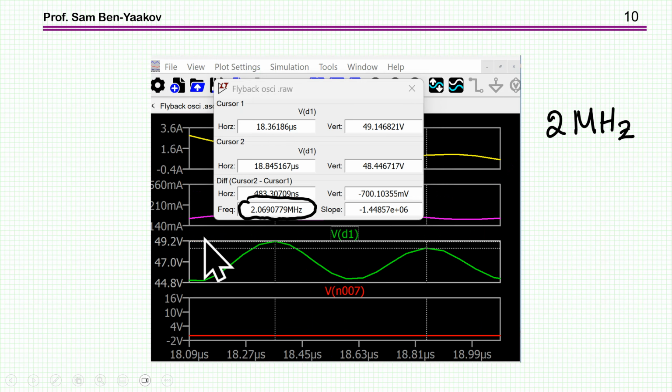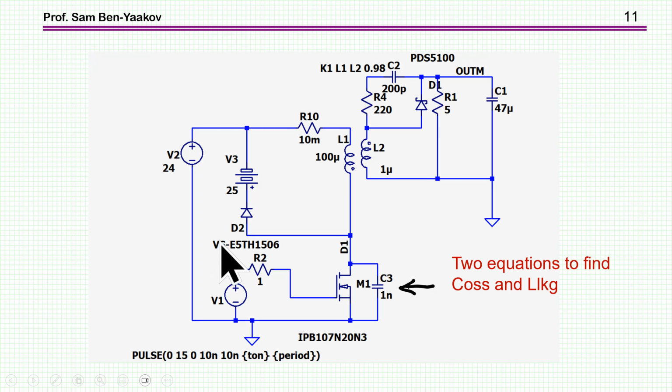So let's do some analysis on this situation. The first thing I'm going to do is to repeat this simulation after adding an extra parallel capacitor to the MOSFET, 1 nanofarad. The reason is that I can now run it and get another set of data, that is the graphs, from which I can get the frequency.